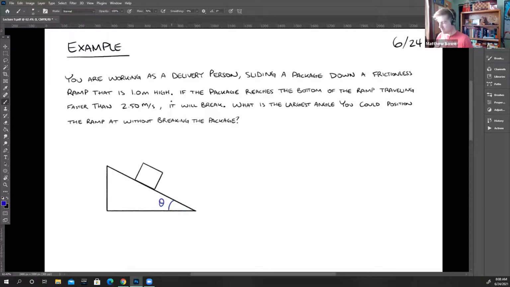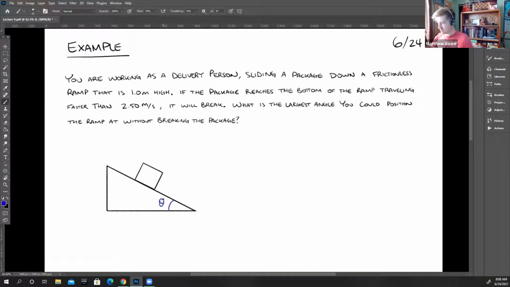So what is the largest angle we can tilt this at without exceeding that speed of the package when it reaches the bottom? We could assume that if it's traveling faster than that, when it reaches the bottom, it might just tip over and break. So what is the largest angle? We're pretty much solving for theta right here that we're drawing.